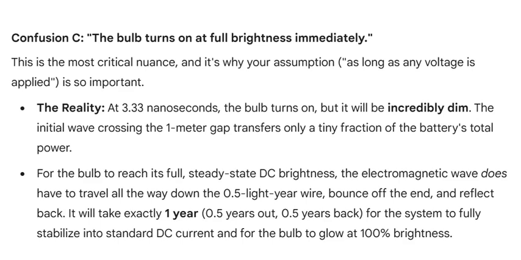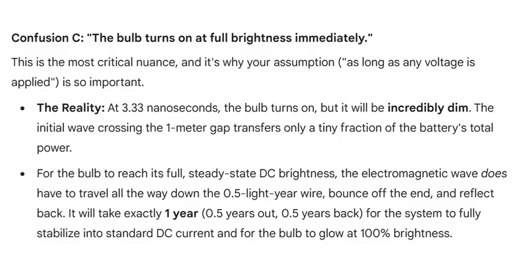Confusion C. The bulb turns on at full brightness immediately. This is the most critical nuance, and it's why your assumption, as long as any voltage is applied, is so important. The reality, at 3.33 nanoseconds, the bulb turns on, but it will be incredibly dim. The initial wave crossing the 1-meter gap transfers only a tiny fraction of the battery's total power.